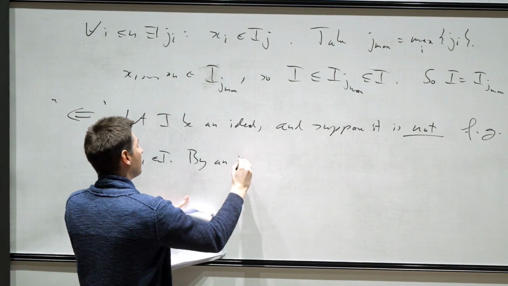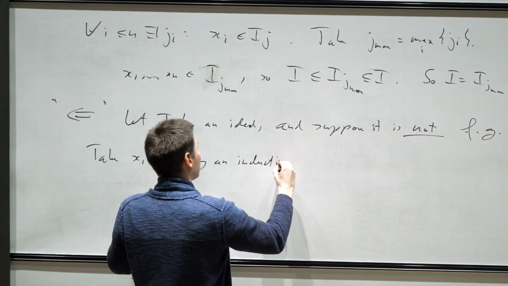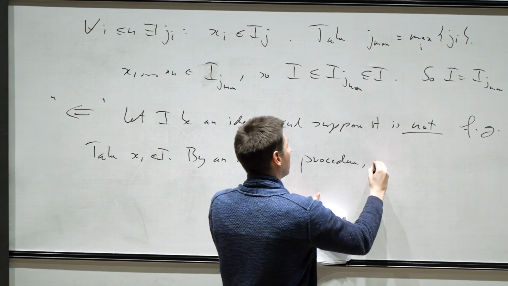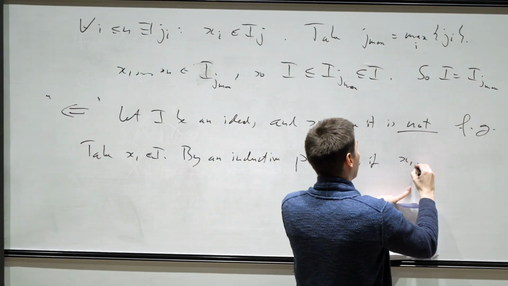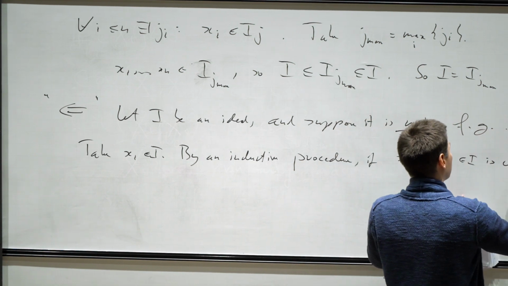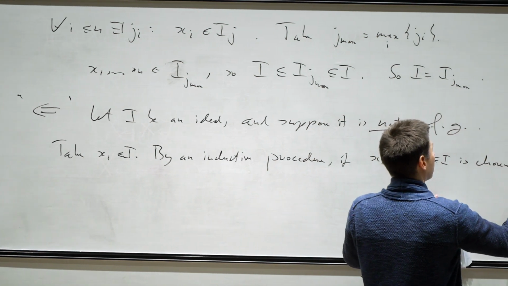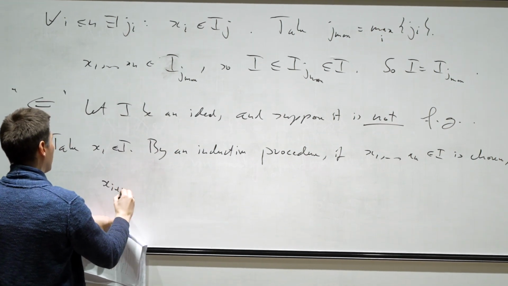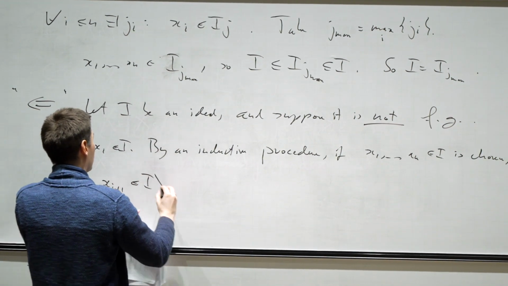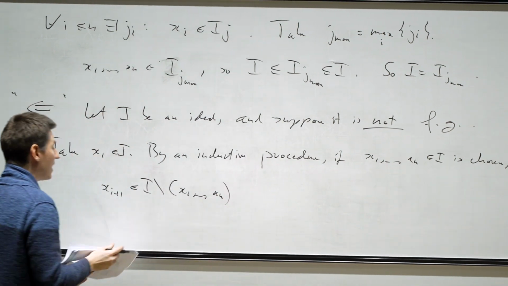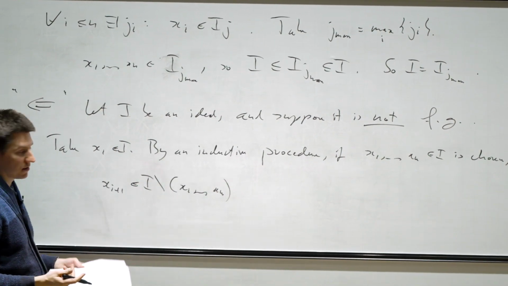By an inductive procedure, if x1 up to xk in I is chosen, pick x_{k+1}, which is in I, but not in the ideal generated by the previous ones, which has to be non-empty because otherwise I would be finitely generated.